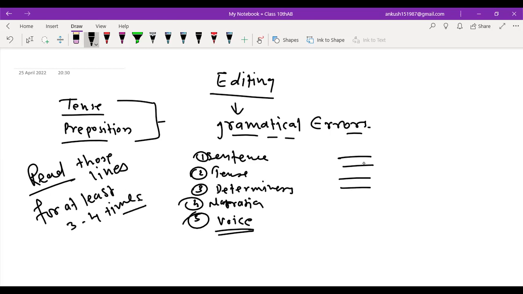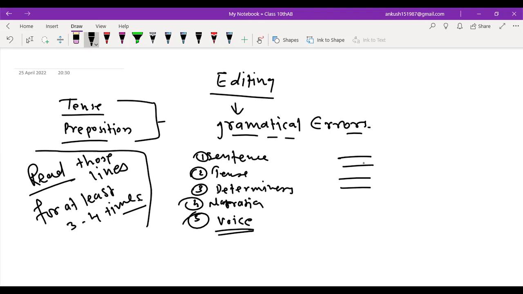Why am I telling you this? If you read a sentence only once, you will not notice the problem; it would seem that all the things are correct. But if you read it 3 to 4 times, you will definitely find the error. Understood? Yes, sir.